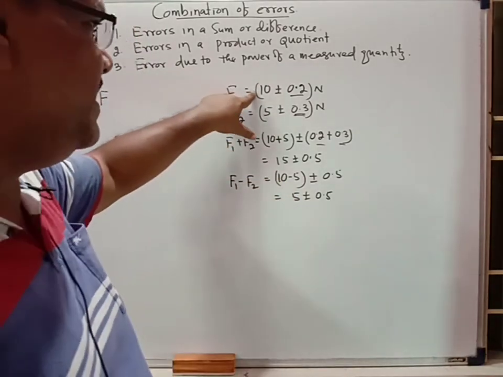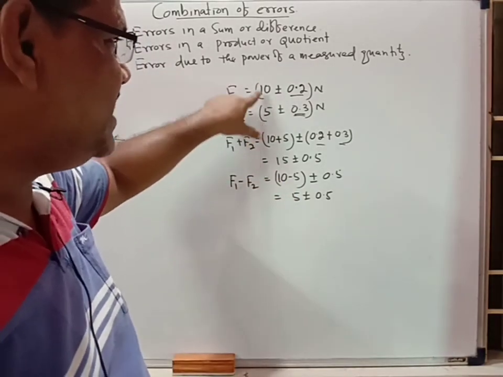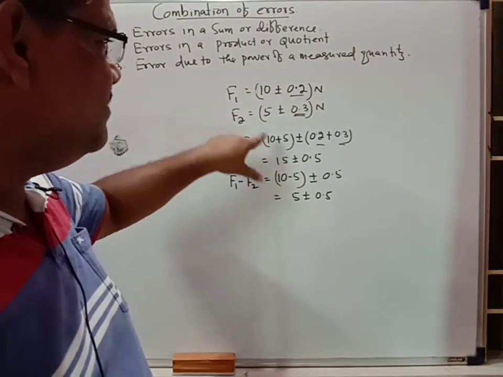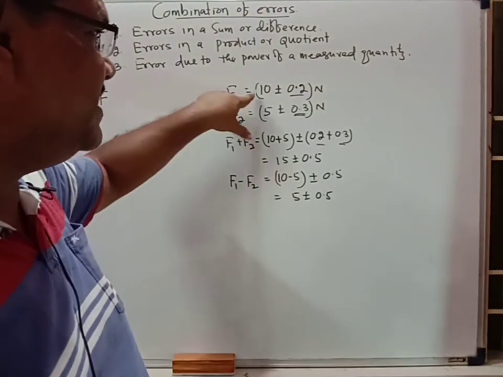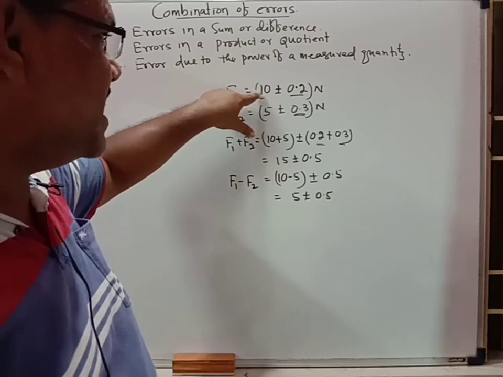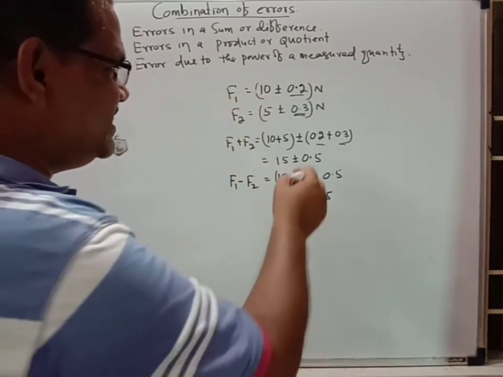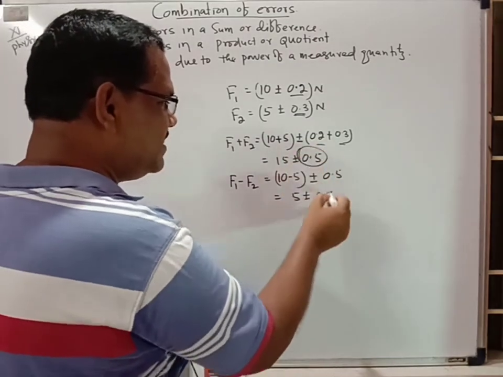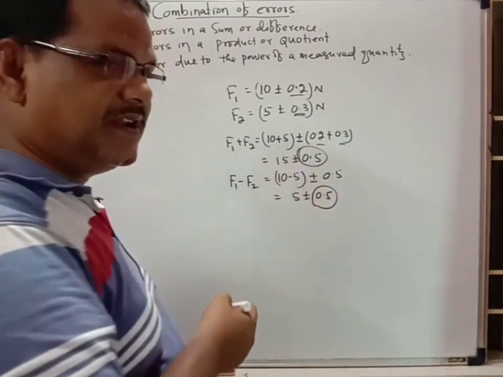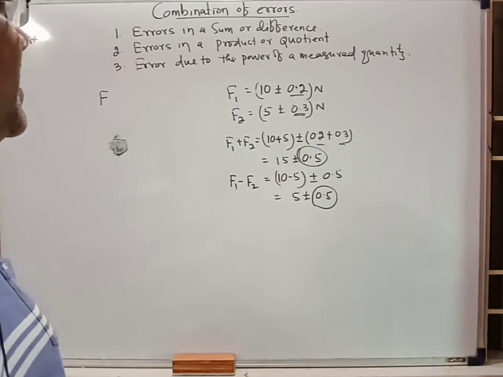But the true value is added in summation, 10 plus 5, 15, while in difference the true value is subtracted, 10 minus 5, that is 5. The important thing is that you get the same absolute error in case of summation and difference.